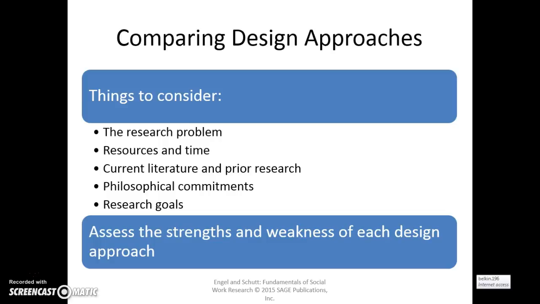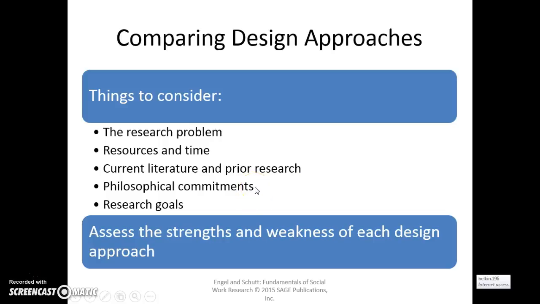So you want to always think about the problem and what type of design lends itself to that problem. That may have to do with the people affected, the way they're affected, of course, resources and time, what you know about it. If you really don't know much about an issue, that will lend itself to qualitative, for example, over quantitative.